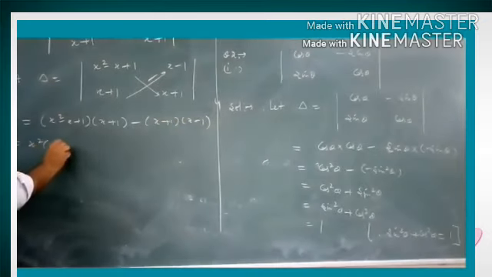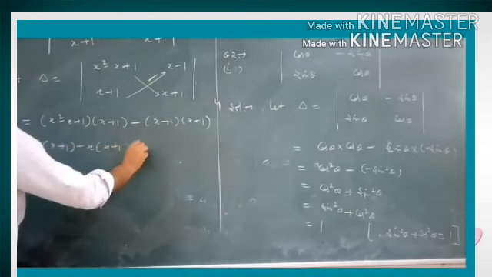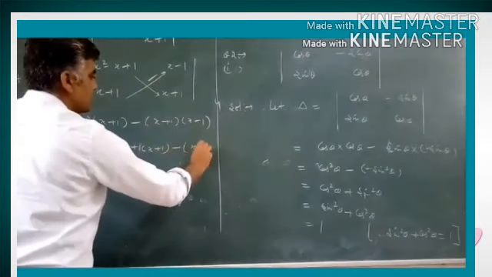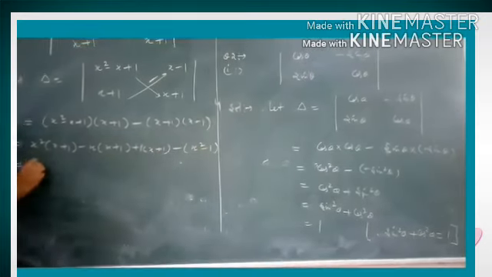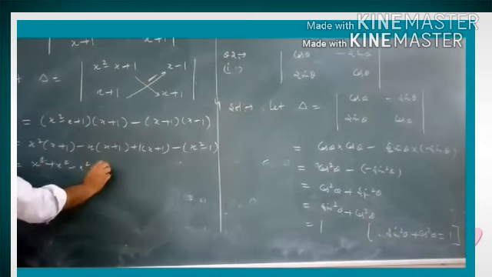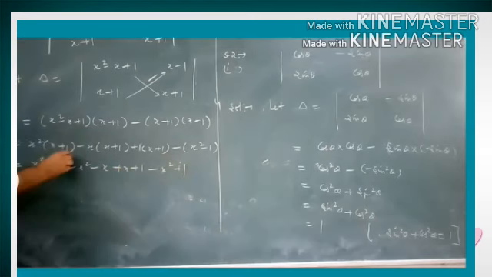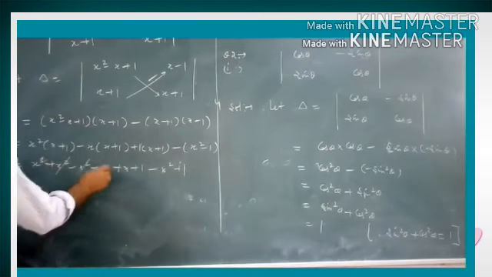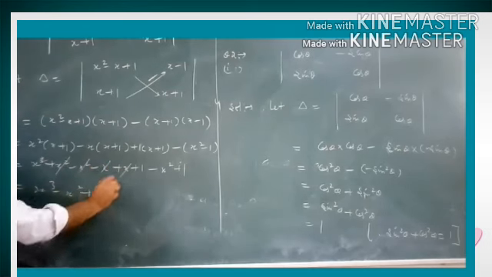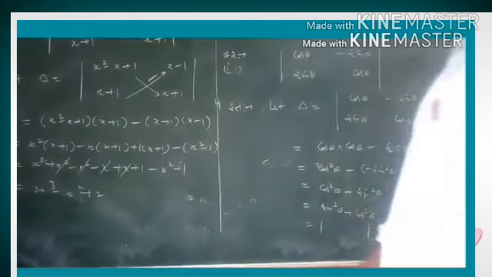Multiplying out, we get x cube plus x square minus x square minus x plus x plus 1. After cancelling x square with x square and x with x, we have x cube plus 1. This is the value of this second order determinant.